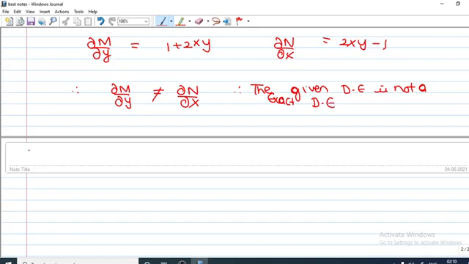After this you don't need to mention whether it is homogeneous or not. It is like over-smart acting. You don't need to prove that it is not homogeneous; at that point you don't need to write it.